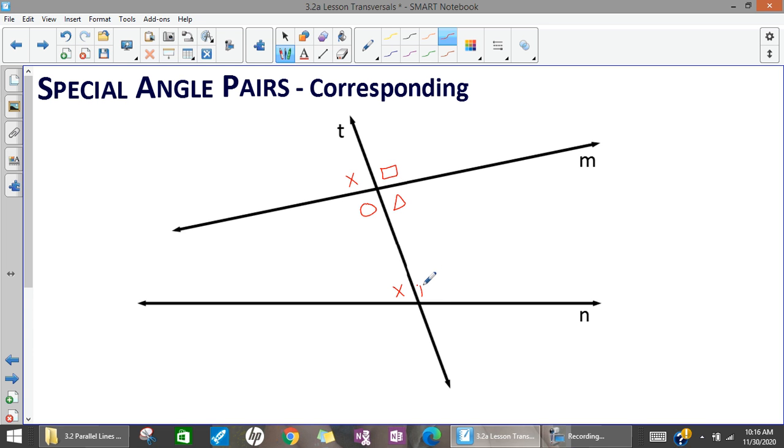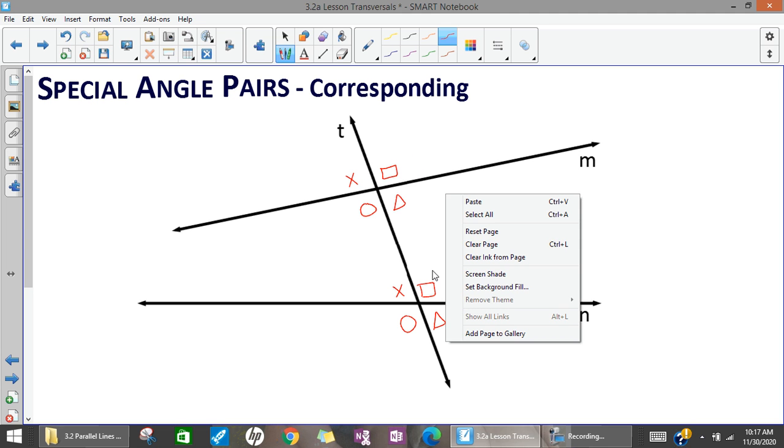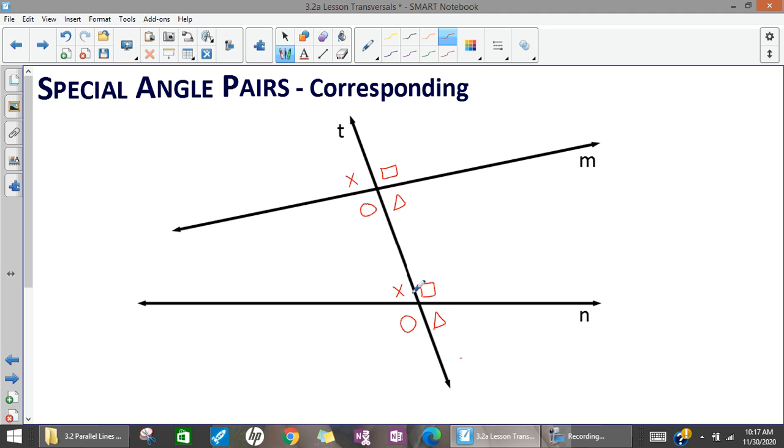My box corresponds to this one. Square, I guess. Triangle corresponds here, and circle corresponds here. They're in the same spot. X is in the top left of these four, X is in the top left of these four. Triangle is in the bottom right of these four angles. So corresponding angles exist in the same location in both, I sort of call them groups of four angles.